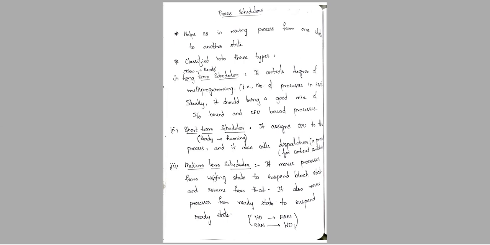When a process is in ready state, it may go to suspend ready state also. In switching the state of the process from ready state to suspend ready state, it helps. So this is the duty of the medium-term scheduler. As we can see, it helps in this way.